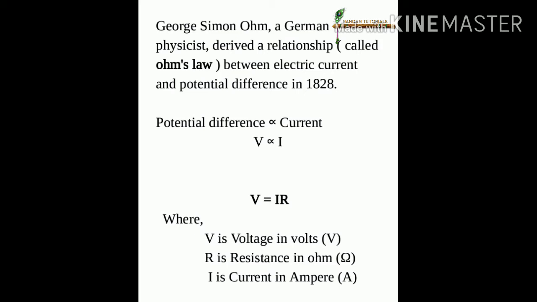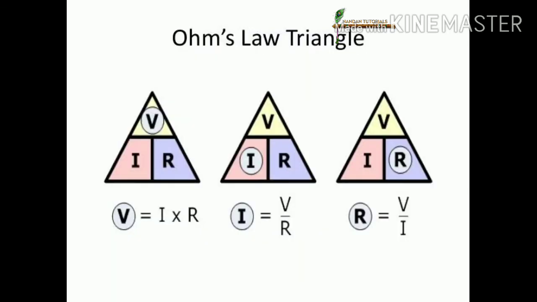So here V equal to voltage, units are volts, and R is resistance, the units is ohms, and I is current, units are amperes. Coming to the Ohm's law triangle, we have to keep voltage at the upper part of the triangle and the lower part is current and R. If we want voltage, we have to close V and the formula is I into R. And if we want I means current, we have to close I and V by R is the formula for current.